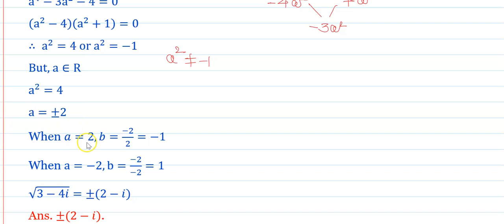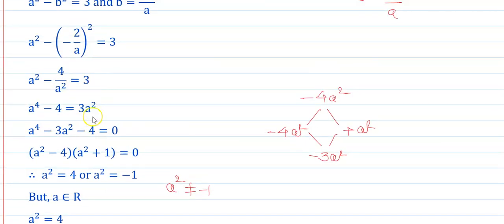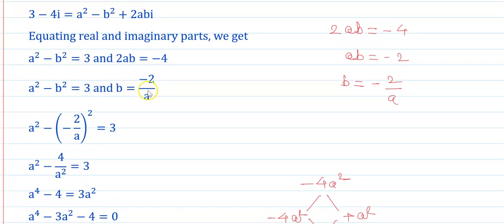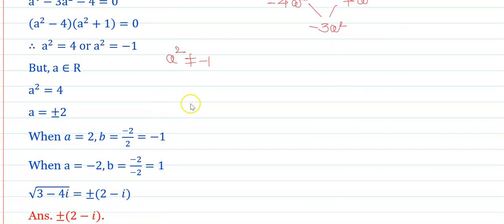When a is equal to 2, what is the value of b? b is equal to minus 2 upon a. Substitute the value of a. a is 2, minus 2 upon 2, you will get here minus 1.